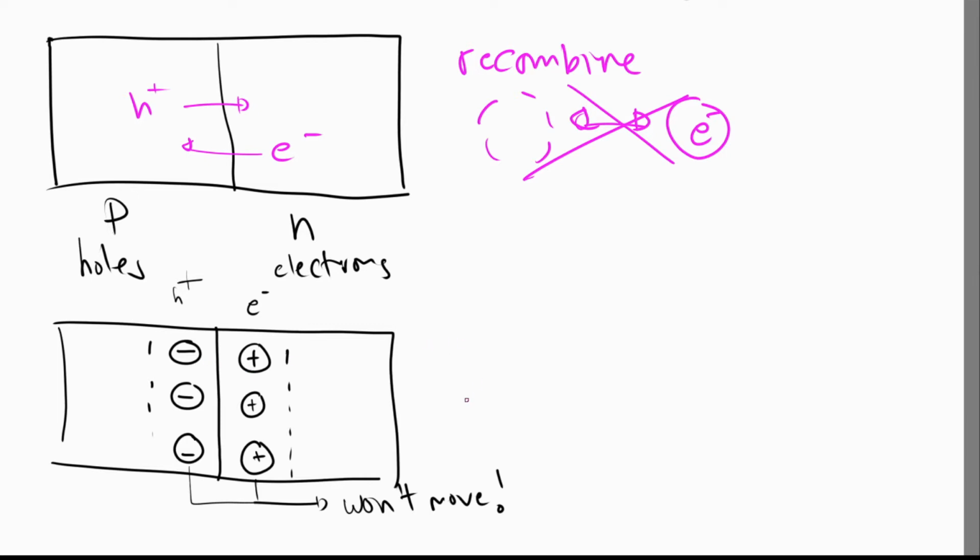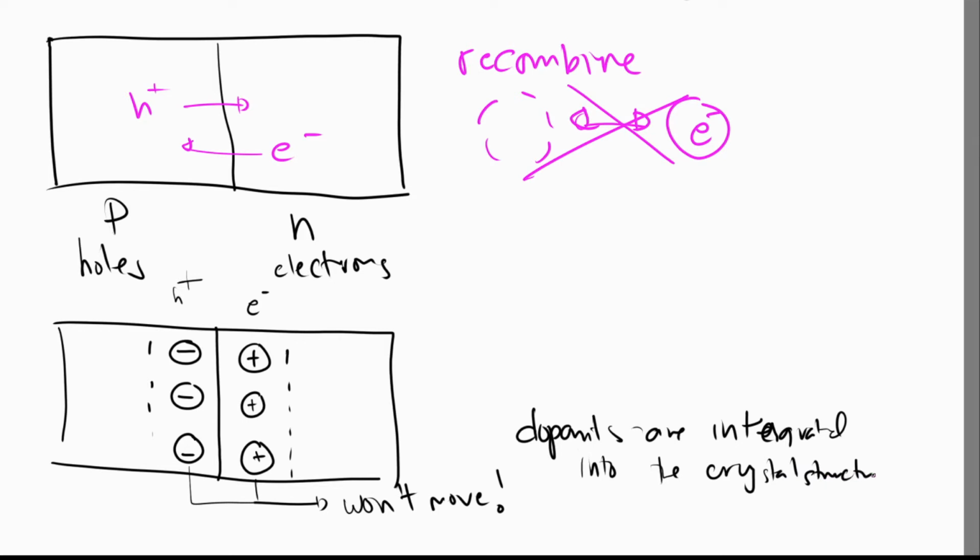And your dopants are integrated into the crystal structure. They are chemically bonded there. Hindi yan basta-basta gagalaw unless i-break natin yung bonds. But we don't have enough energy in normal operation to do that. So they're just static there, immobile there.